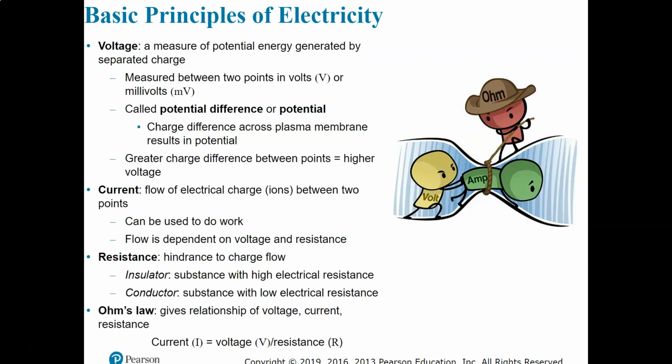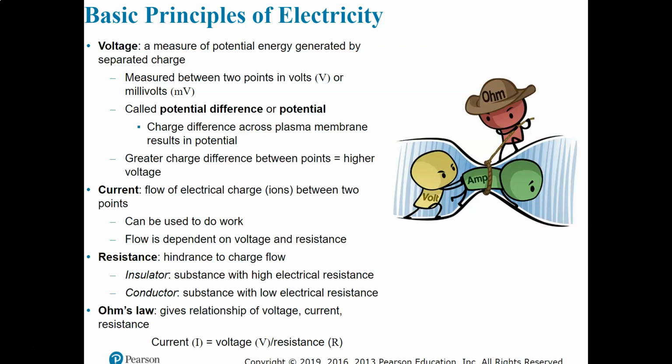And then we have resistance. Resistance is going to inhibit the flow of charged particles, and it is measured in ohms. If a substance resists the flow of charged particles, it's called an insulator. If it assists the flow of charged particles, it's called a conductor.